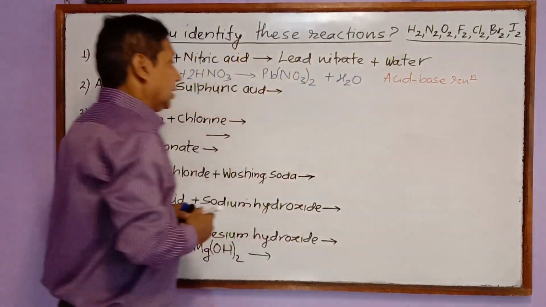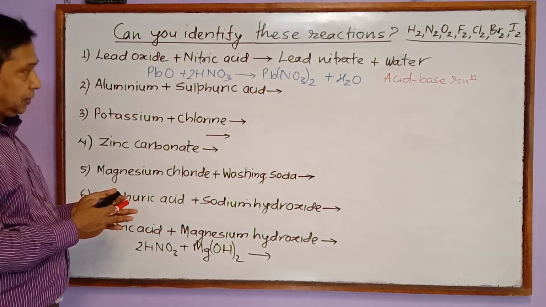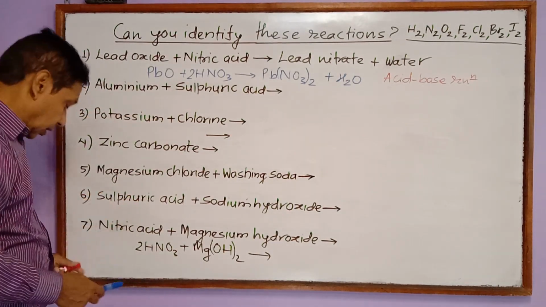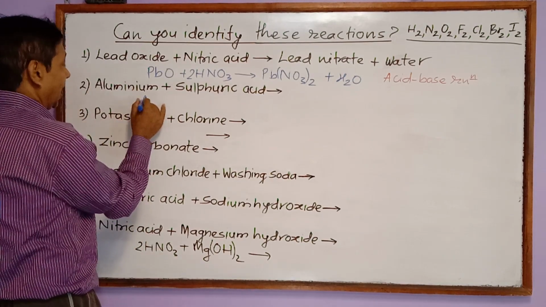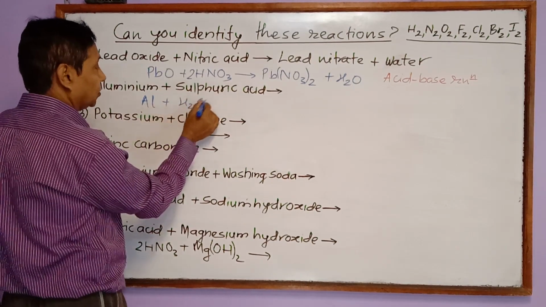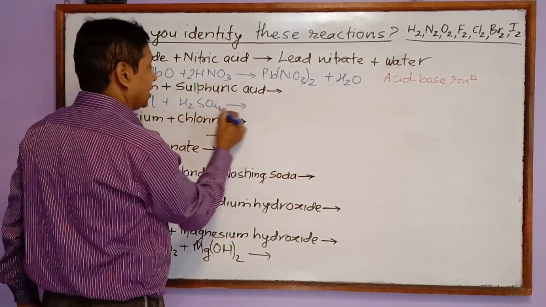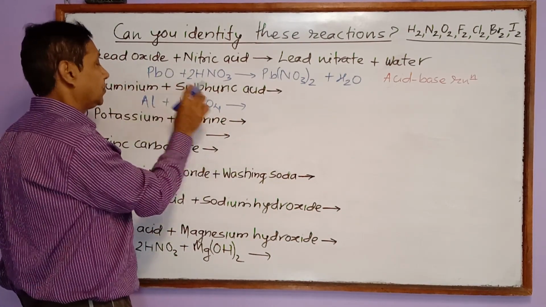Okay. Now let's go to another one. Aluminium when it reacts with sulfuric acid, what happens? It would be better to write the formula equation first: aluminium Al plus sulfuric acid H2SO4. When a metal reacts with acid, if a reaction occurs, the metal displaces hydrogen from the acid.